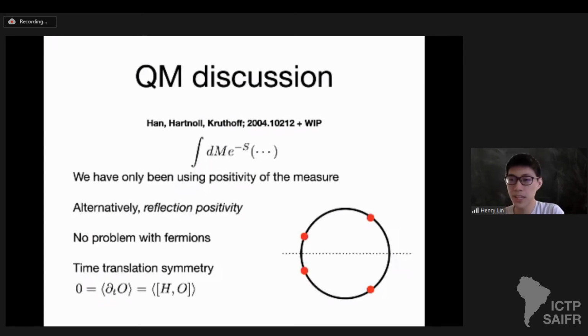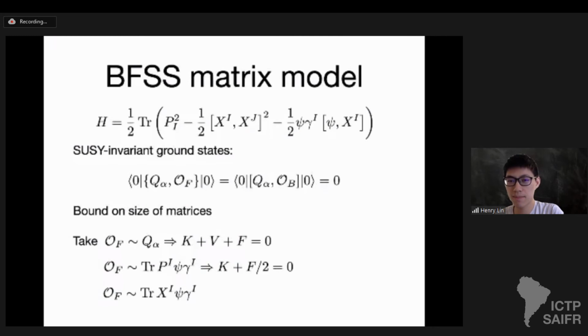This is sort of a side comment, but obviously one model which we would like to say something about is supersymmetric quantum mechanics, like the BFSS matrix model. The obvious generalization of their ideas is to use the fact that in the ground state, the supercharges annihilate the vacuum.